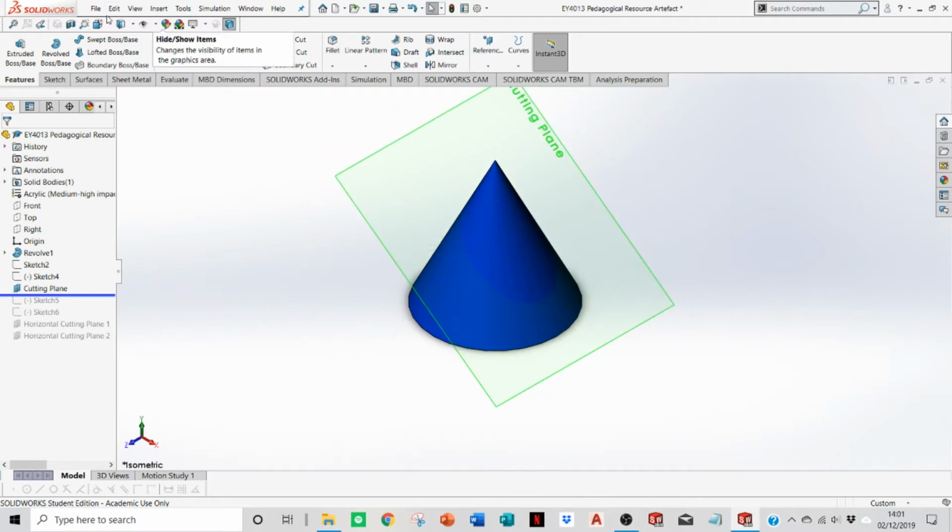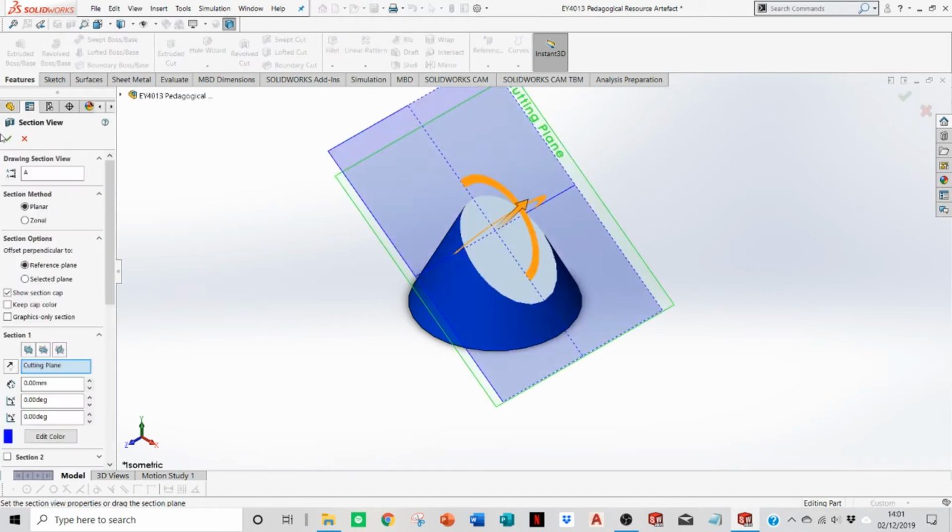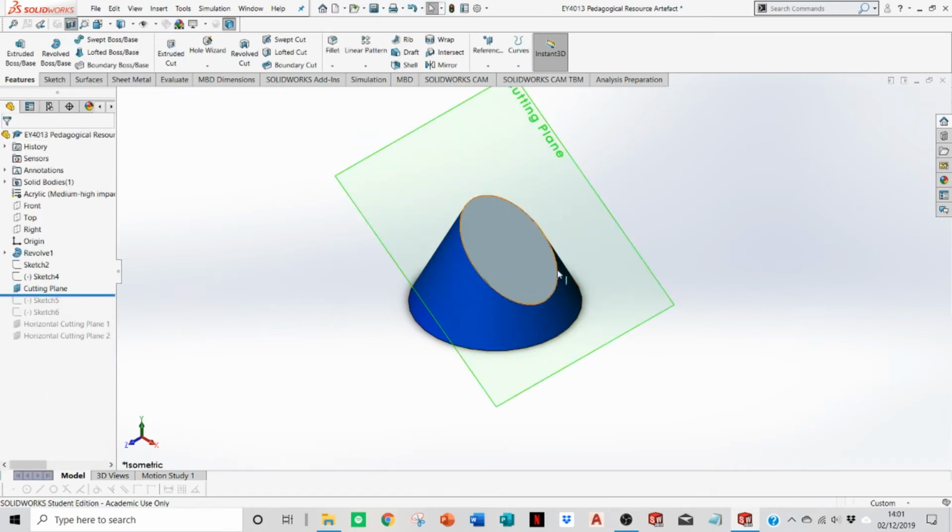So if I just hide the cone on top of the plane, we can see this shape here. This shape is no longer circular like it would be if the cutting plane had been horizontal or parallel to its base.